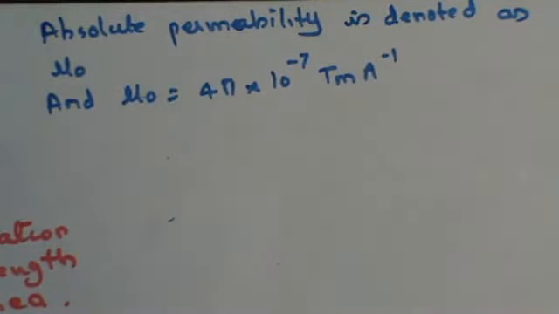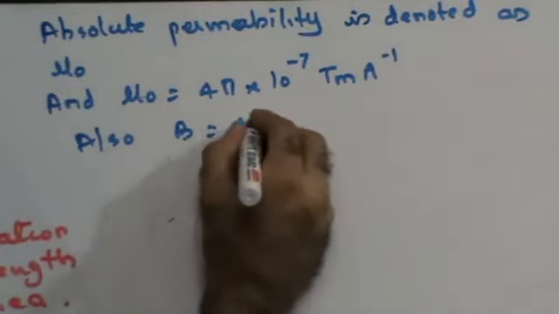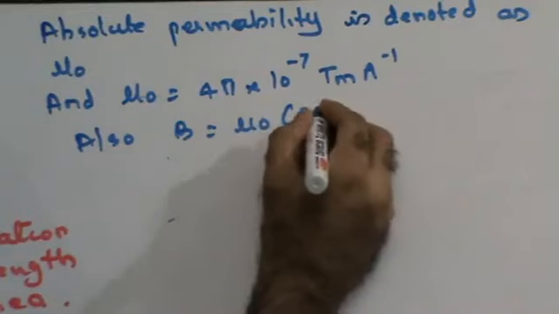Now, I can say that also B is mu 0 times H plus I.